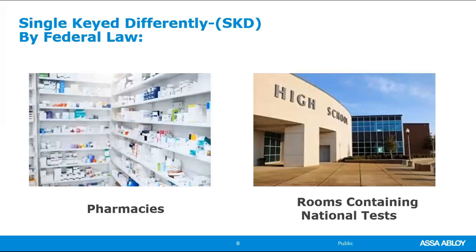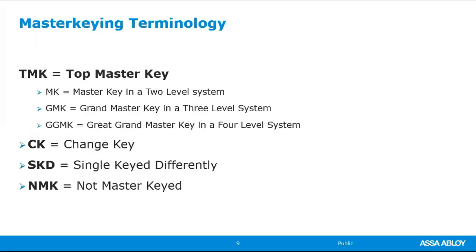Now, there's another term called NMK, not master key. Well, this is kind of the same as single key differently, except this is for rooms where you're not master keying it because of accountability reasons. Let me give you an example.